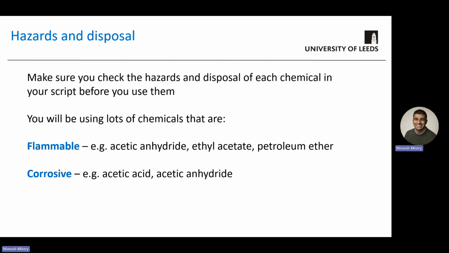Also, acetic acid and acetic anhydride are corrosive as well. So do make sure that you are wearing gloves when you're handling these chemicals. And you should mop up spills quickly if you do spill any of the material, so nobody else would unwittingly come in contact with them and have a skin burn through contact with the chemicals.